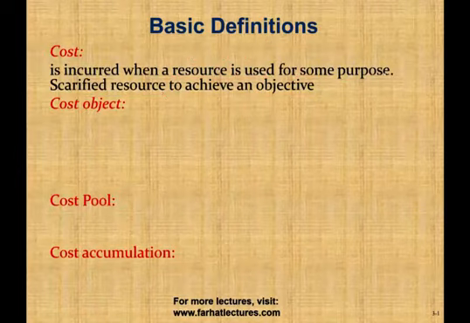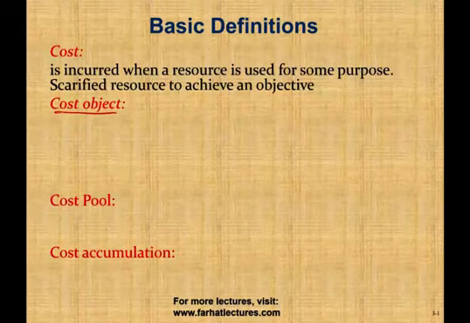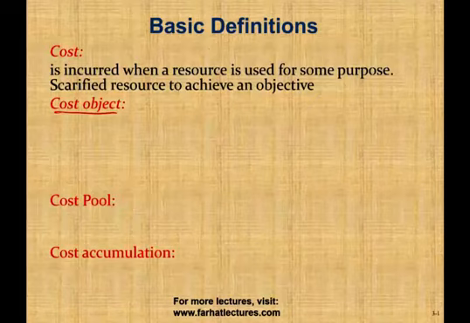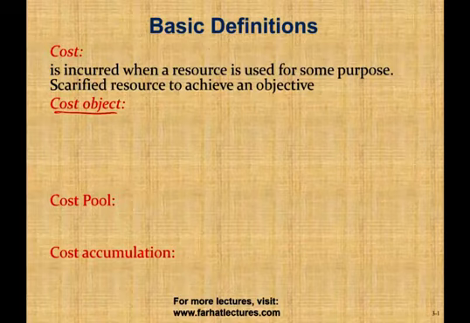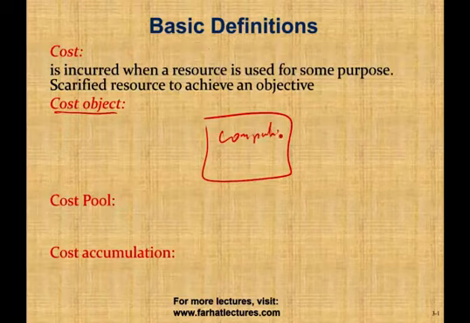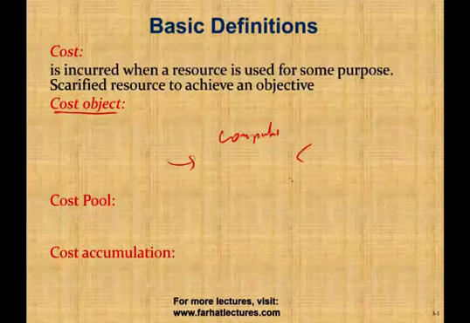Now, we need to know what is a cost object. It is anything that the company is interested in collecting information about. For example, if the company is manufacturing computers, well, the cost object is the computers. So they want to know anything and everything that goes into that cost object. It doesn't have to be computers.